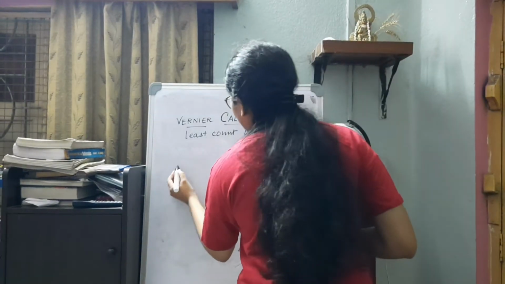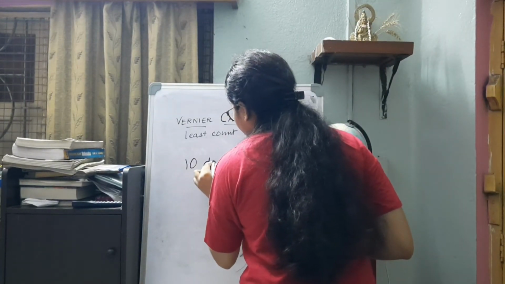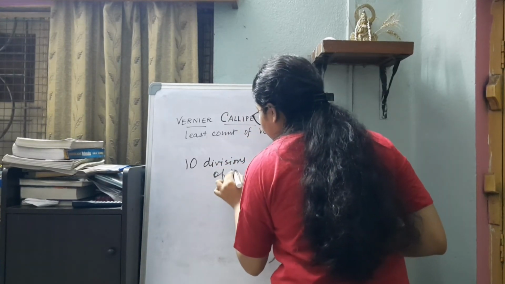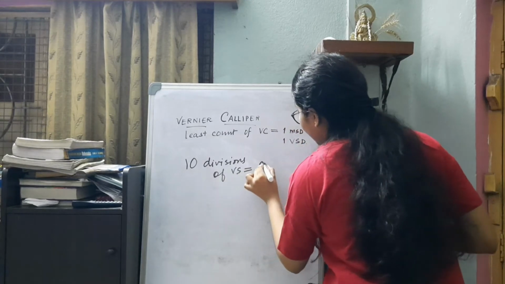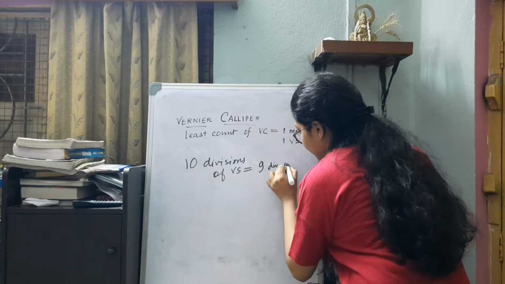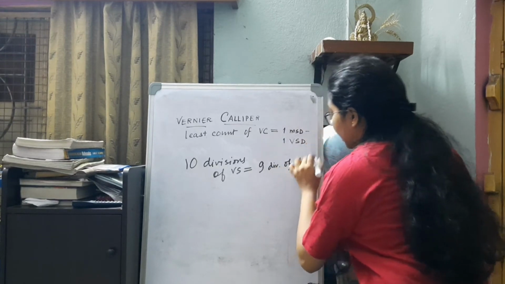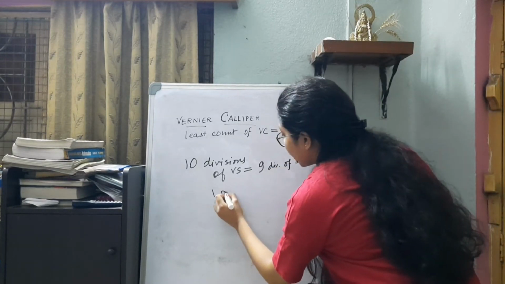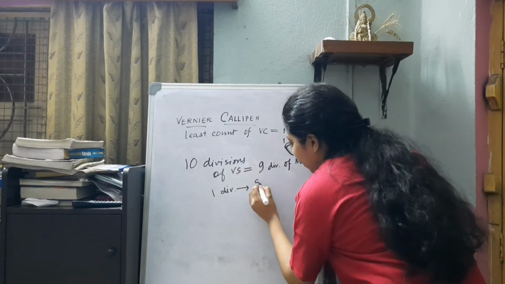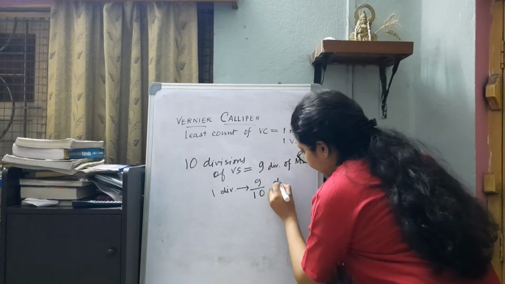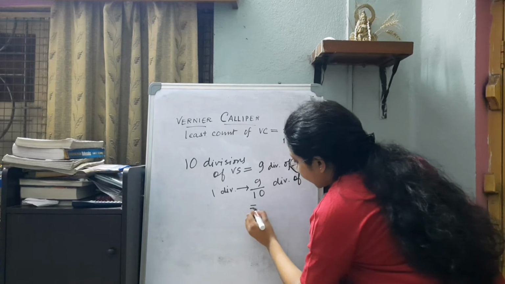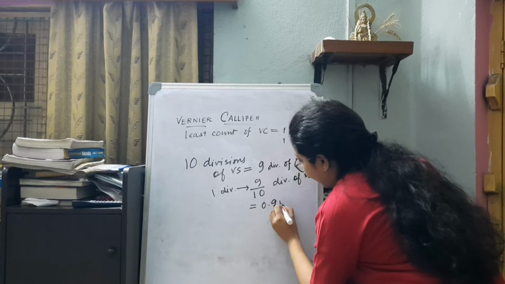In general, 10 divisions of the vernier scale coincide with 9 divisions of the main scale. That means 1 division of the vernier scale, by the simple unitary method, is 9 by 10 divisions of the main scale, which is 0.9 millimeter.